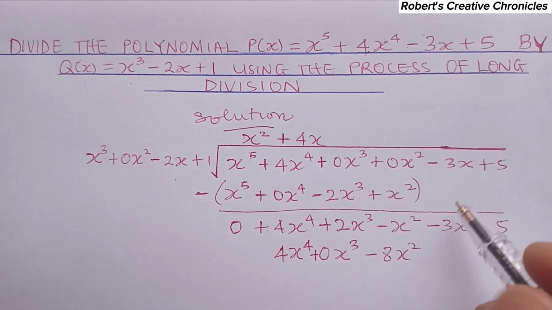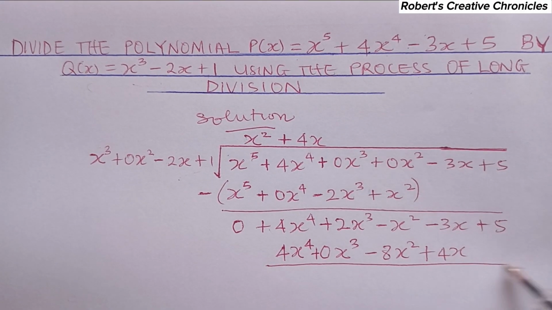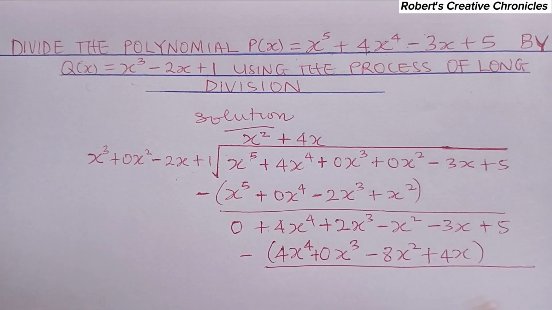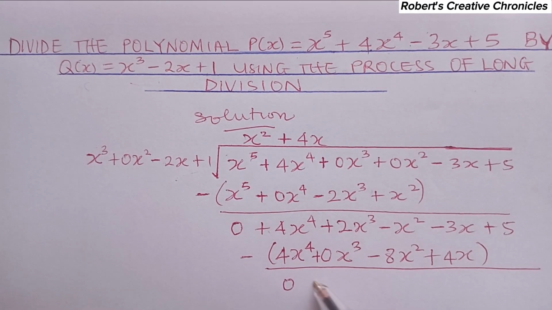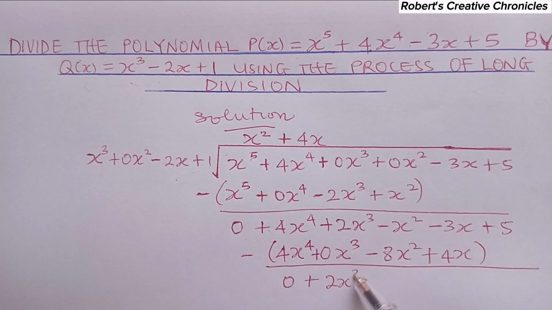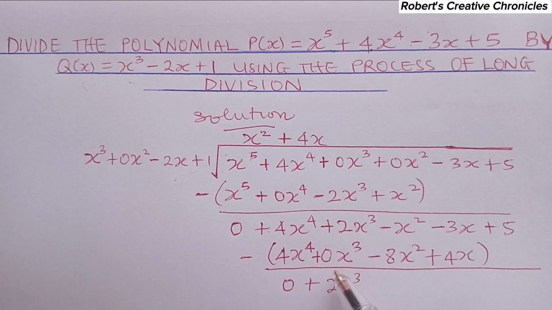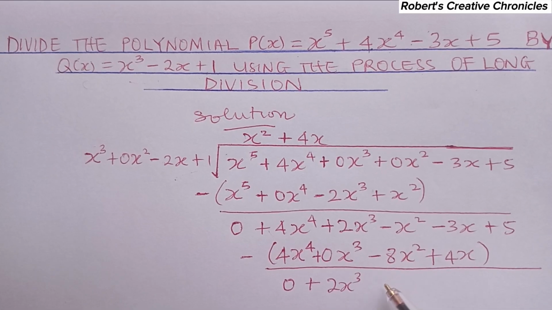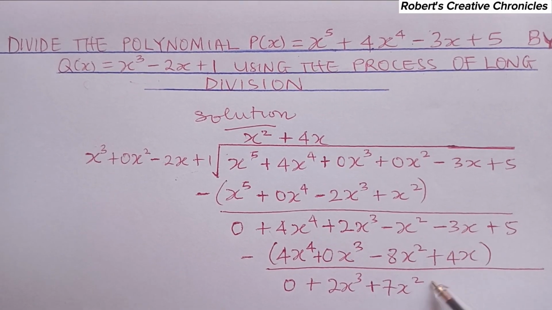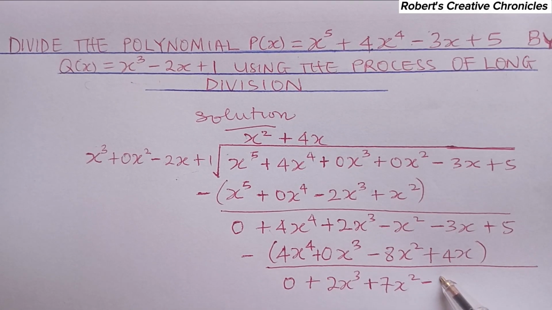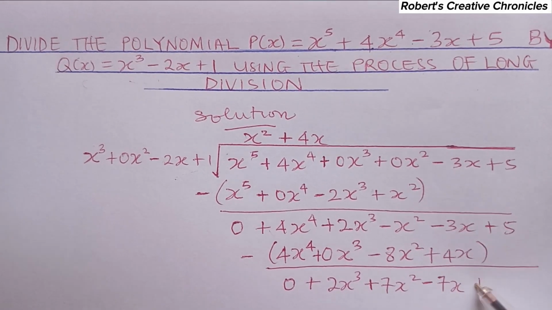Then 4x times 1 is plus 4x. Then we'll subtract this. So now, when we subtract this, we get 0. This will be plus 2x cubed. This will be negative 1; it's negative, negative, positive, so it's 8 minus 1, which is 7. Plus 7x squared. This is negative 3, negative 4, which is negative 7x also. Then we'll bring this 5 down. Plus 5.